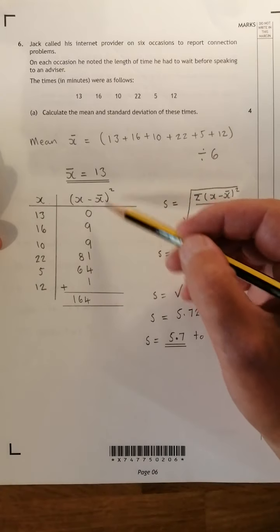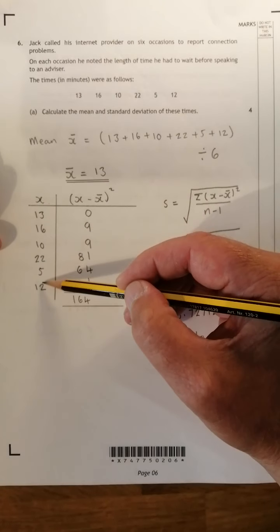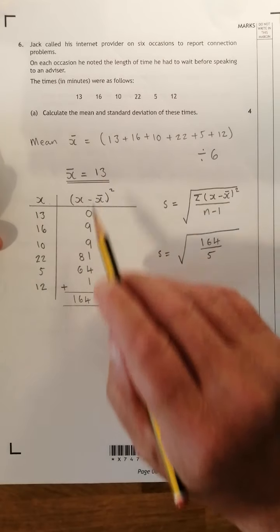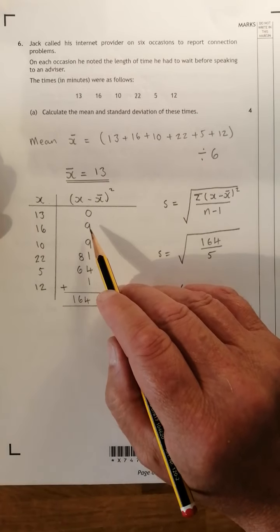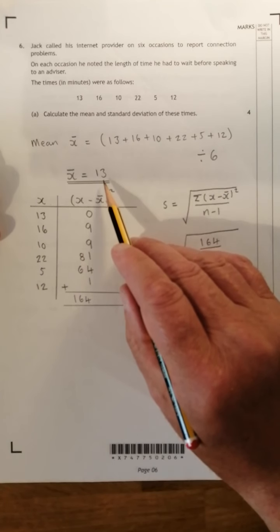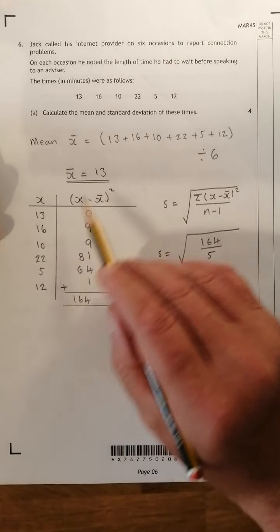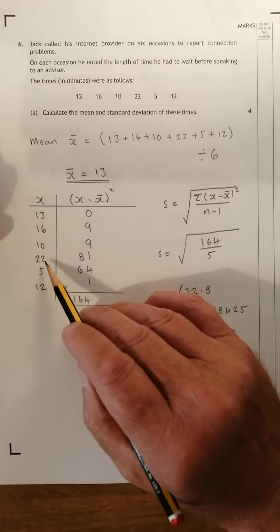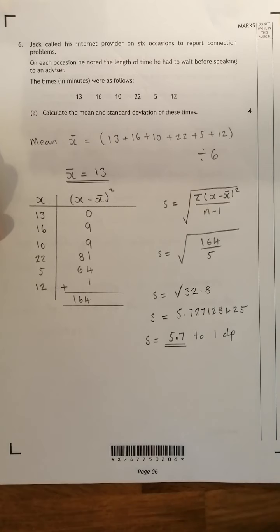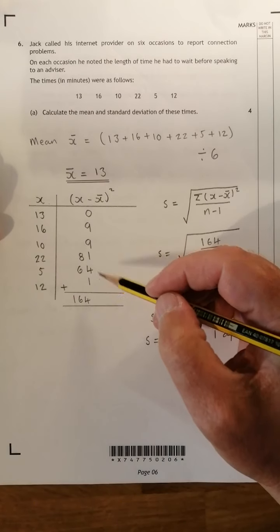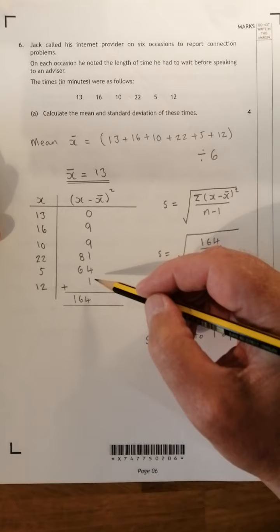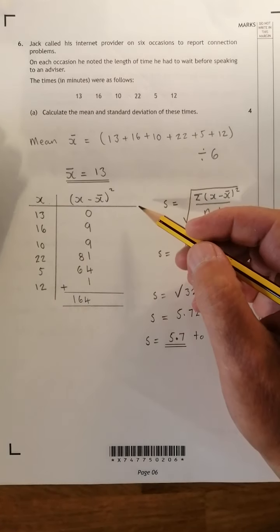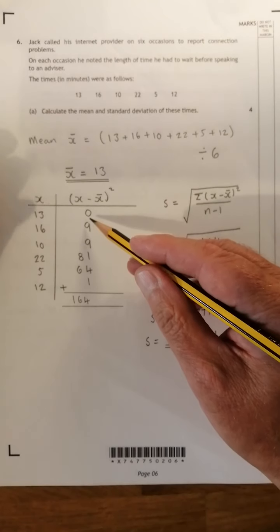Okay, now with the mean being 13, I've written down all the numbers there, and let's work out this column here. 13 take 13 is nothing, square it, you get nothing. 16 take 13 is 3, square it, you get 9. 10 take 13 is minus 3, square that, you get positive 9. 22 take 13 is 9, square it, you get 81. 5 take 13 is minus 8, square it, you get 64. And 12 take 13 is minus 1, square that, you get 1.